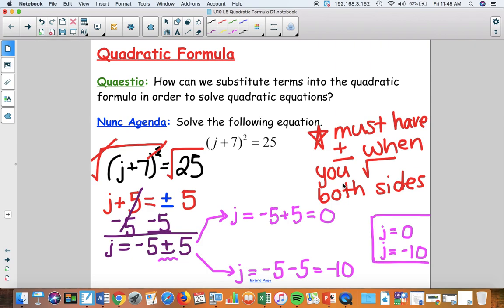Okay, now you also might see your answers written in curly brackets. It would look like this. So it would have a curly bracket, -10, comma 0. Whichever way you see your answer, both of them are exactly the same.